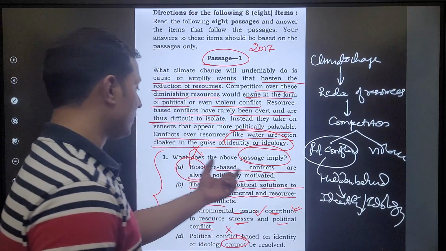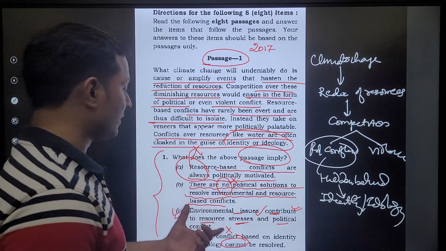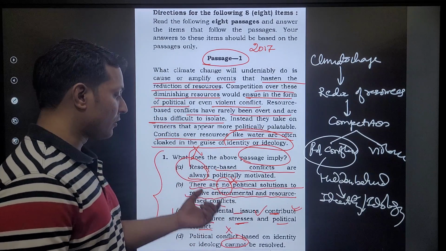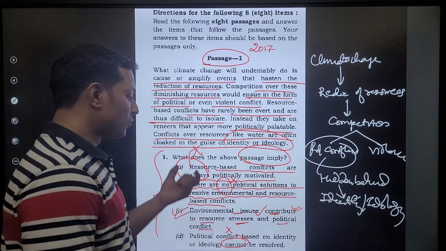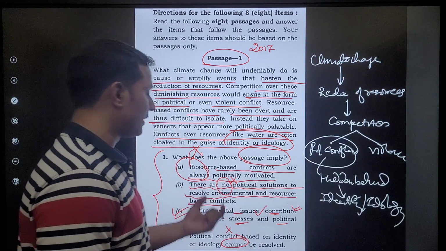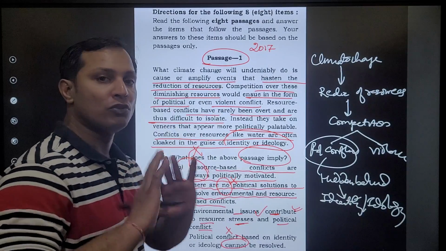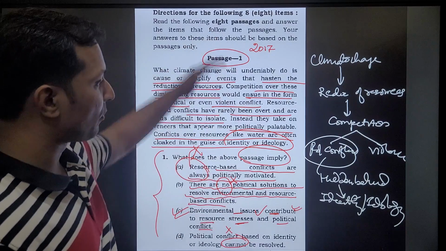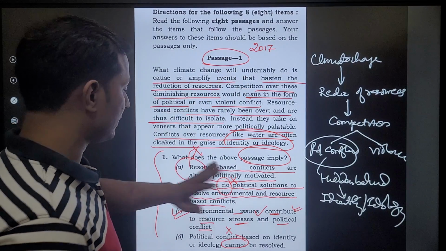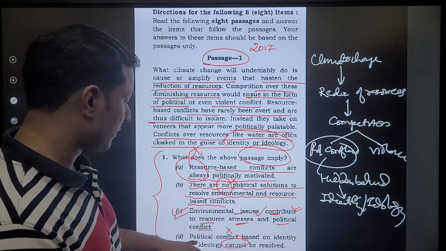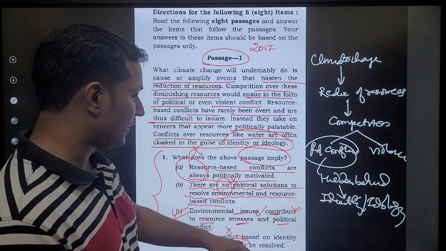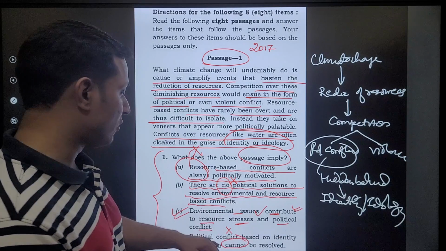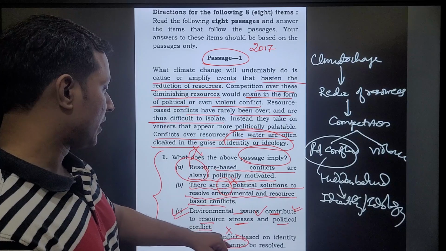So that is the implication of the passage. The first statement is incorrect. You see second statement also, there are no political solutions to resolve environmental and resource-based conflict. The passage does not talk about solutions. The passage is talking about the problem. It is not talking about the solution. So this is incorrect.